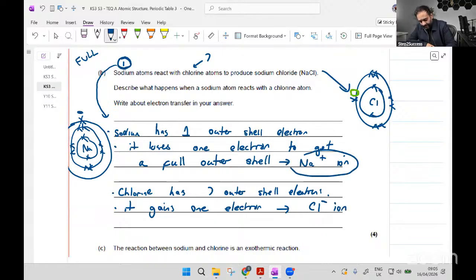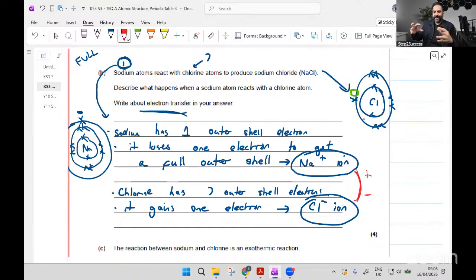So these ions get formed when something gains or loses electrons. That's basically the answer, because you could have said electron transfer. Transfer means something gaining, something losing. For the final point, I don't think you need to write this, but these two things join together now. What do you know about positive and negative things? They attract together.